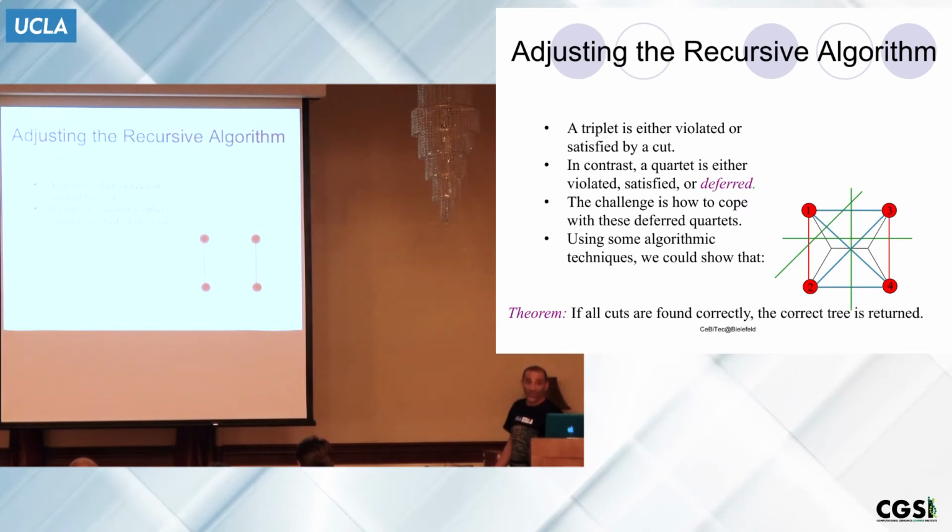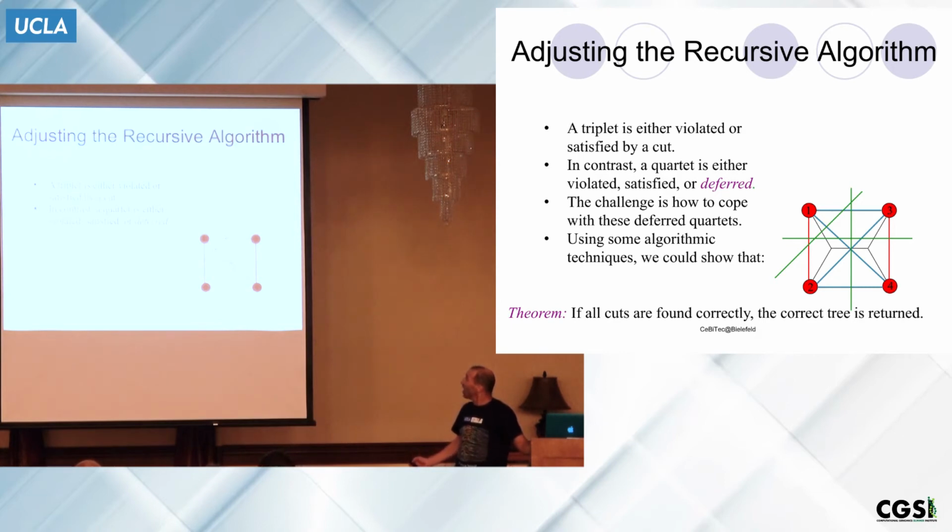However, with quartets, we can violate the quartet. The quartet here is violated, you see. It puts 1 and 3 together and 2 and 4 together. That quartet is dead. This quartet is satisfied by the cut, but it does that. And this is, again, the problem.